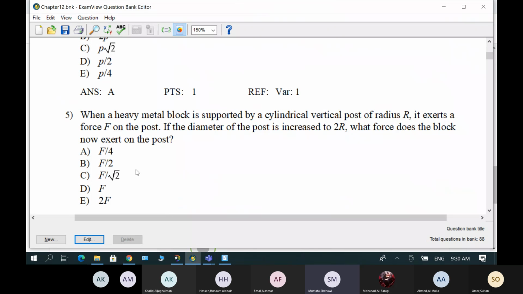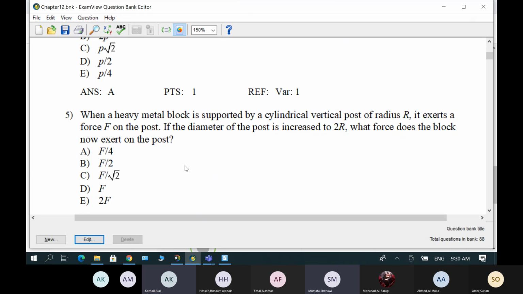Question 5. When a heavy metal block is supported by a cylindrical vertical post of radius r, it exerts a force F on the post. If the diameter of the post is increased to 2r, what force does the block now exert on the post?